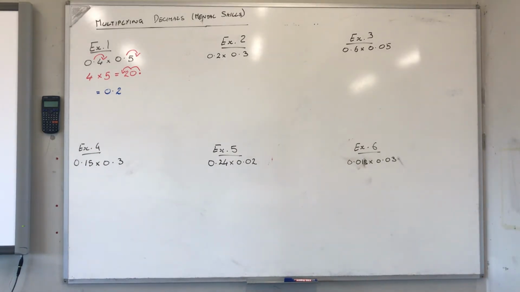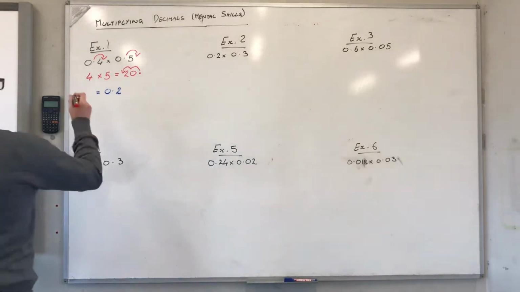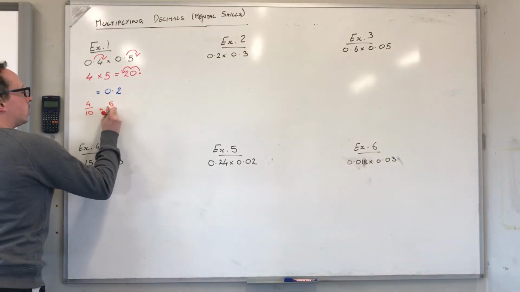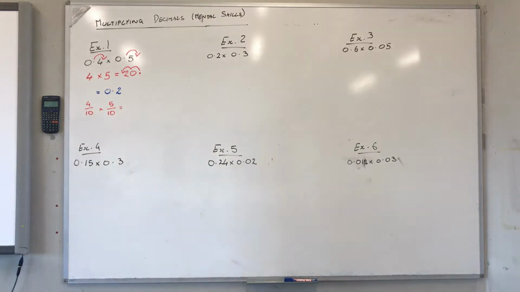Another way we could do that to prove that it is actually 0.2 is I could change it into fractions. And I know we all love fractions, so what I've done there is I've recognised that that's 4 tenths, 0.4, and 5 tenths.